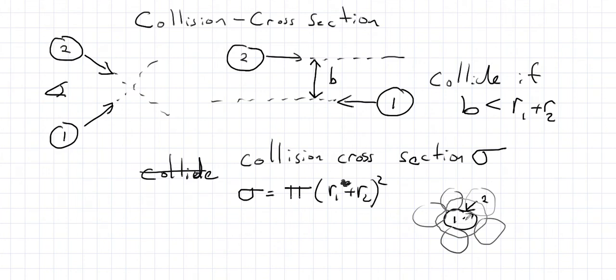On the other hand, if molecule 2's center is not within the circle, it won't get hit. If I had a molecule 2 over here, it's not going to get hit. So the area of this circle, this sort of zone of destruction, is going to have radius 1 plus radius 2, and so its area, of course, is pi r squared. So the combined radius squared times pi.